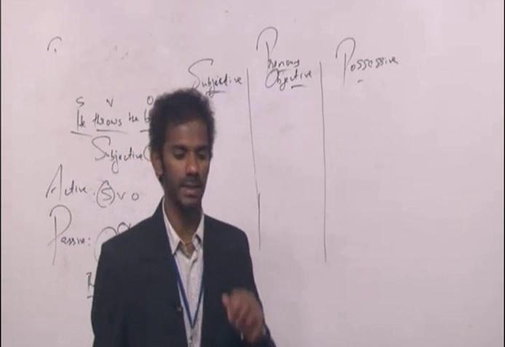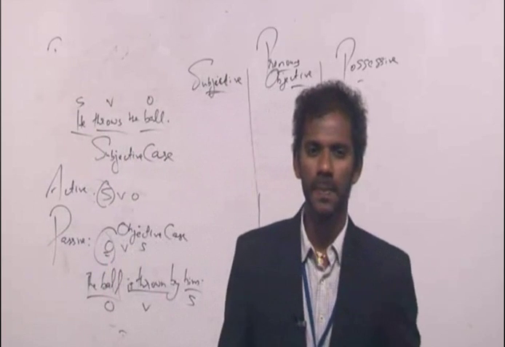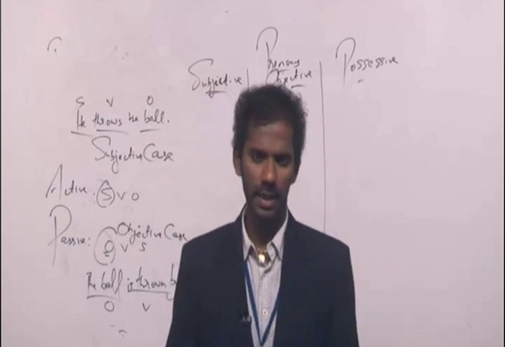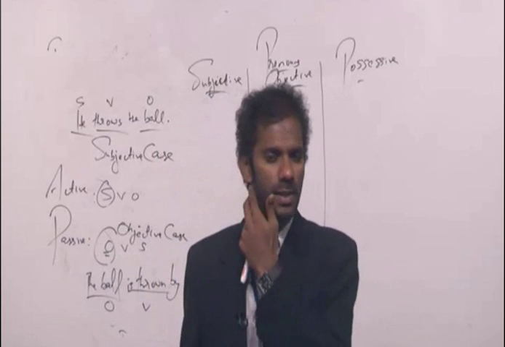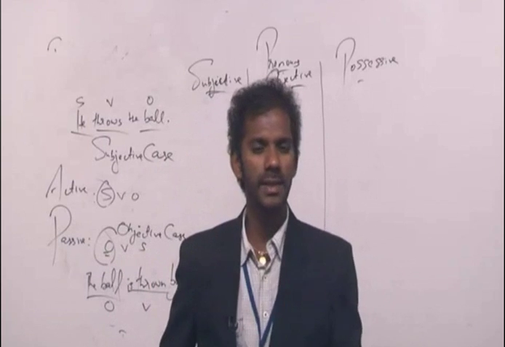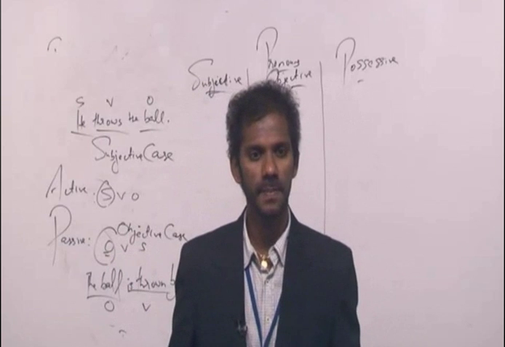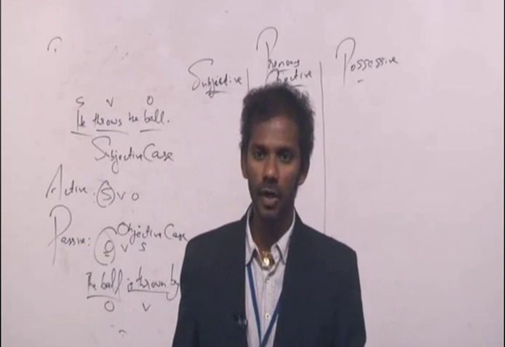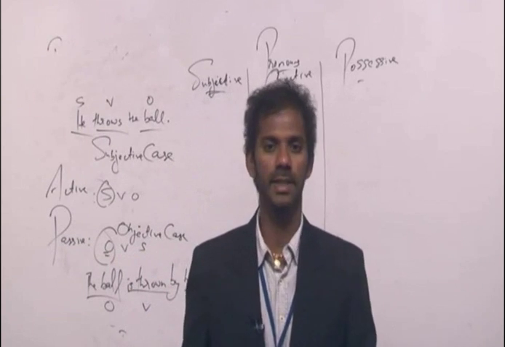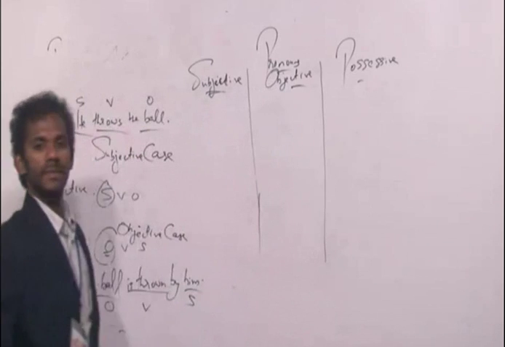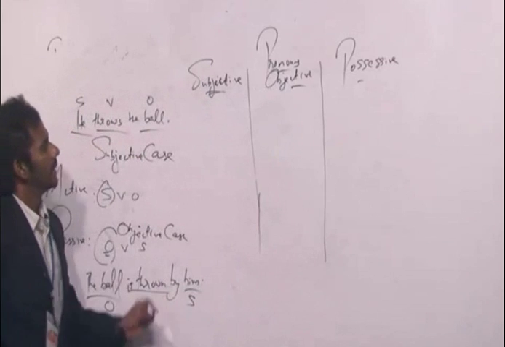Clear? Right. Now, I repeat for you, just before dealing with this concept. Subject is the doer of an action. Object is the receiver of an action. Clear? Right. Come to the first one now. Subjective pronouns.